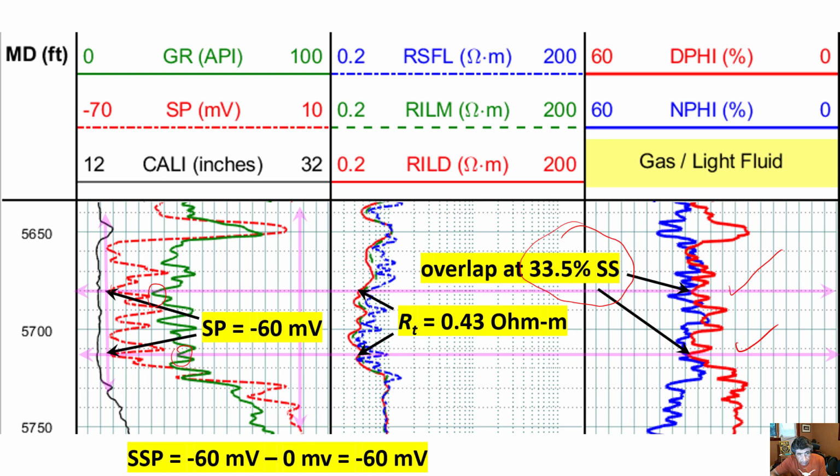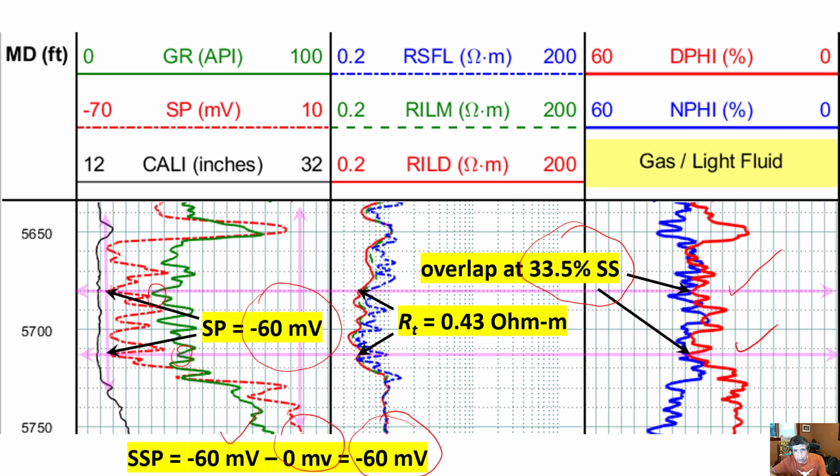Both points have an SP value of approximately minus 60 millivolts. With that, and knowing that the value of the shale baseline here is 0 millivolts, we take the difference between minus 60 and 0, and we calculate the SSP with its sign, which is minus 60 millivolts.